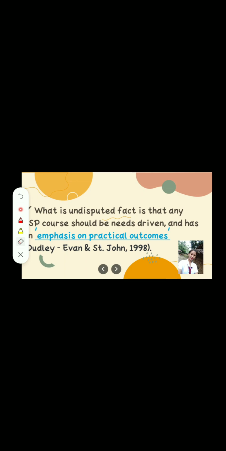Significantly, one goal of needs analysis is to provide concrete and effective outcomes or results to our learners, because our target as teachers is their specific needs. After we address that, we will probably get the practical outcome that is written here as an assurance that they really learn the language or the course. So, next slide.